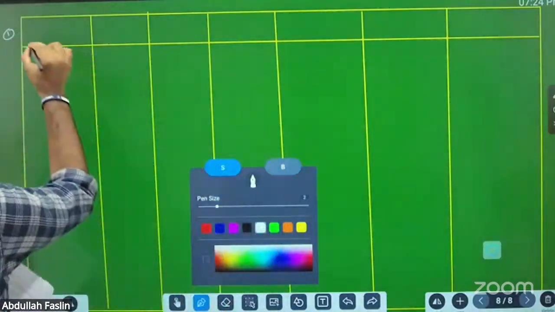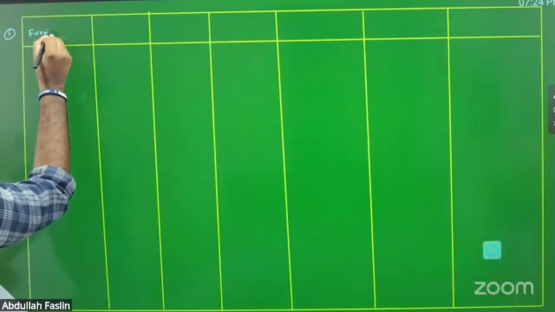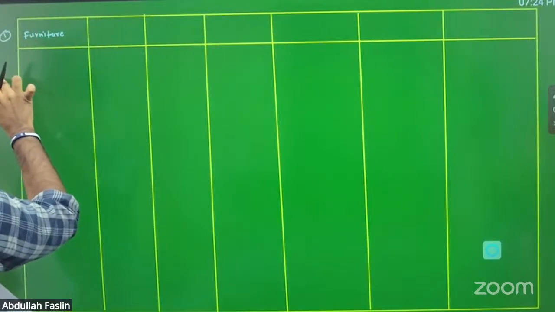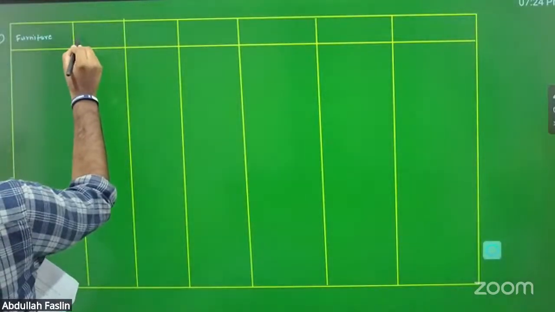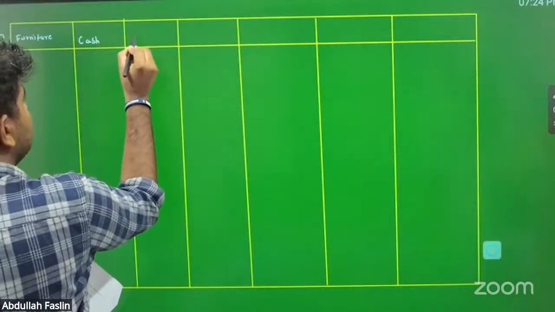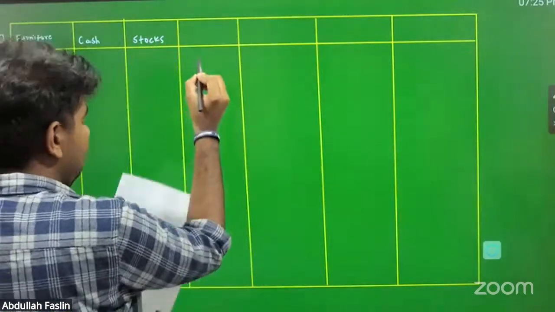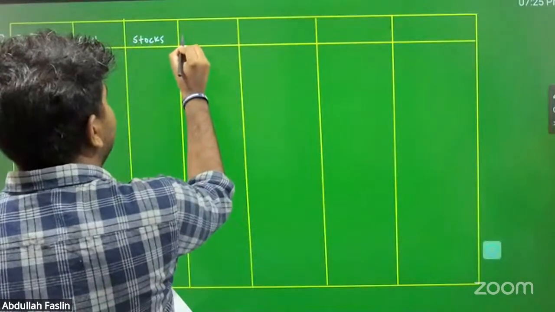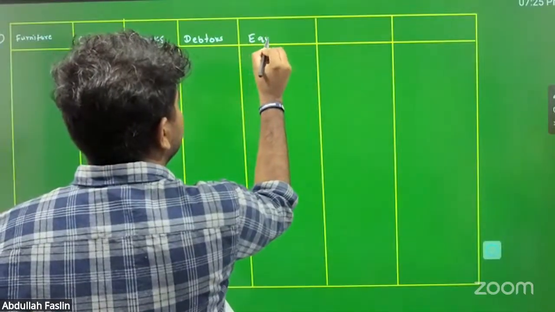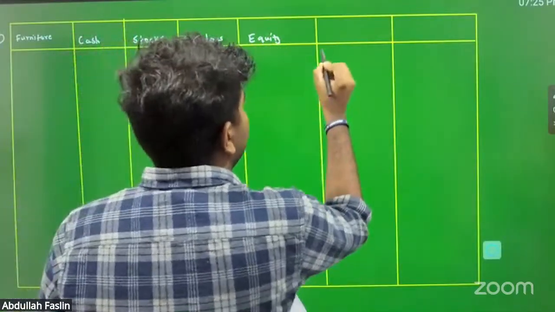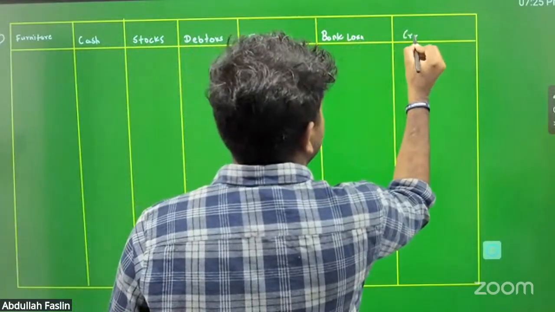Furniture, cash, stocks, debtors, these are assets. Equity, bank loan, creditors.